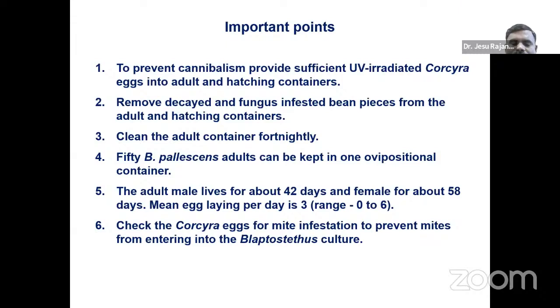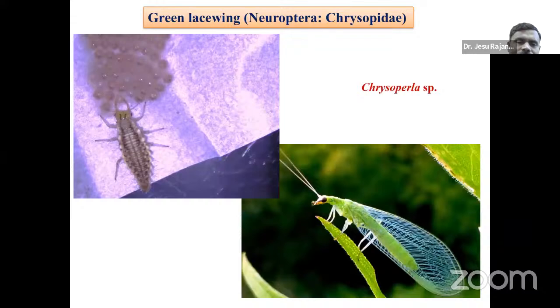Whenever you add the French pin, check if any fungal growth or contamination is there, and avoid such things. Otherwise, change the ovipositional chamber immediately. So cleaning is very important.